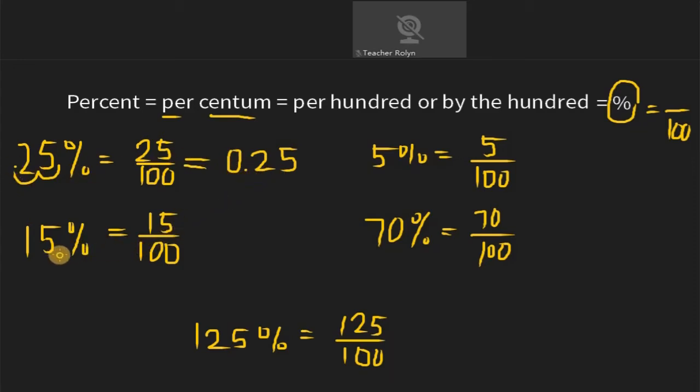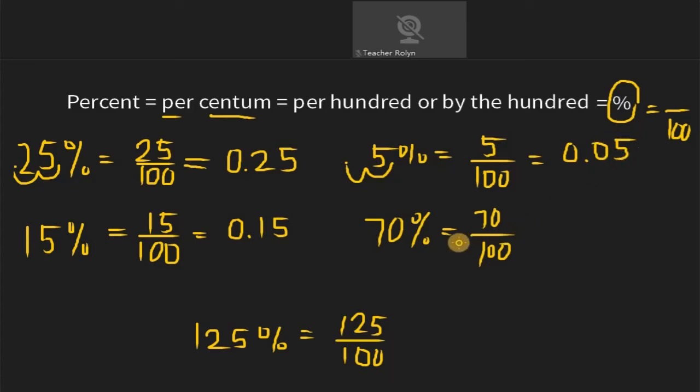How about if I have 15%? So that means we have 1, 2. So we have here 0.15. How about if I have 5%? So that will be 1, 2. Walang number dito. So that means we can replace it by 0. So we will have here 0.05.